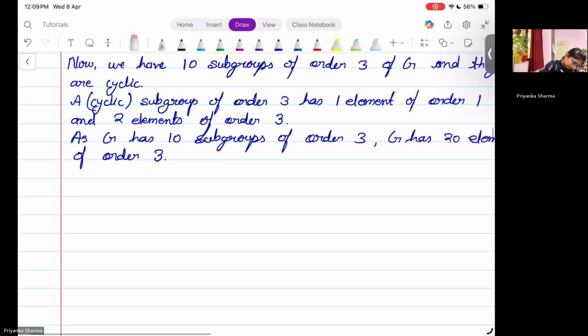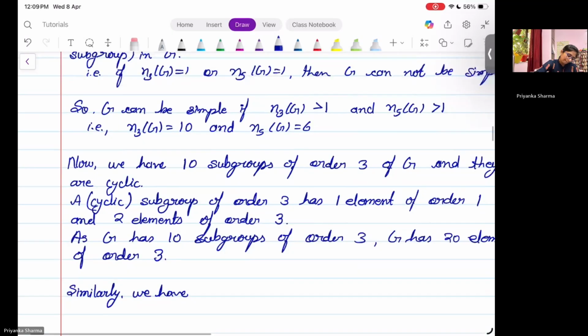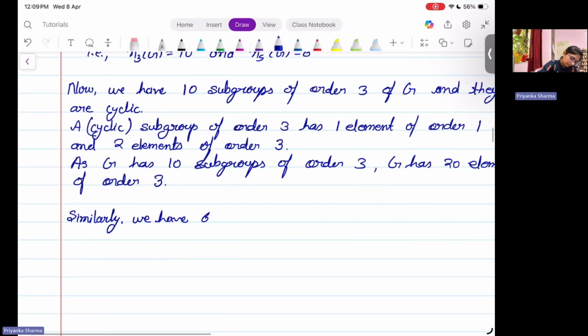Similarly, we have 6 subgroups of order 5, that will be cyclic also.